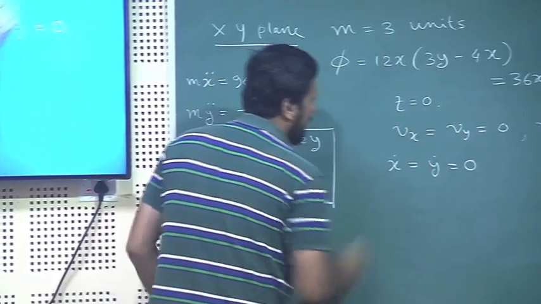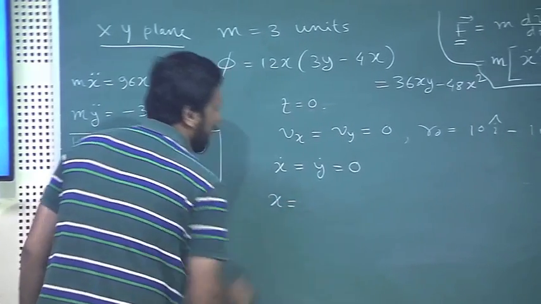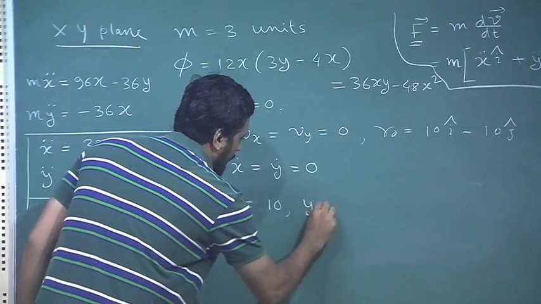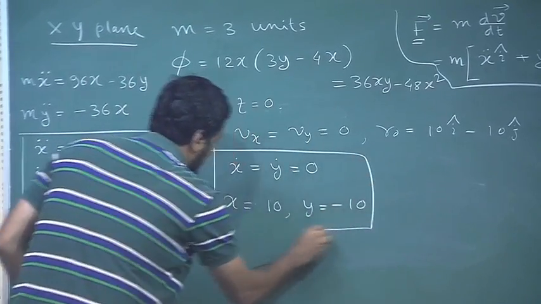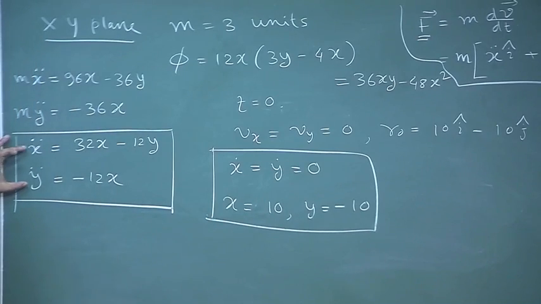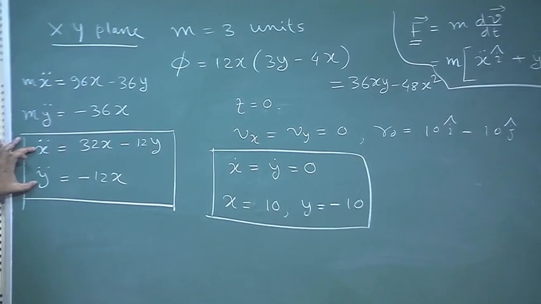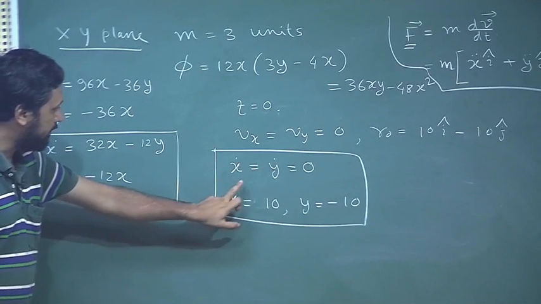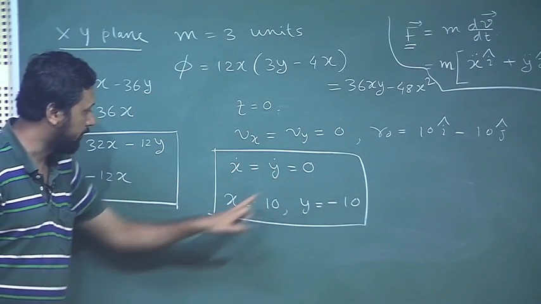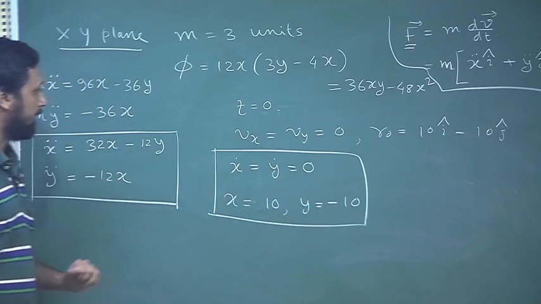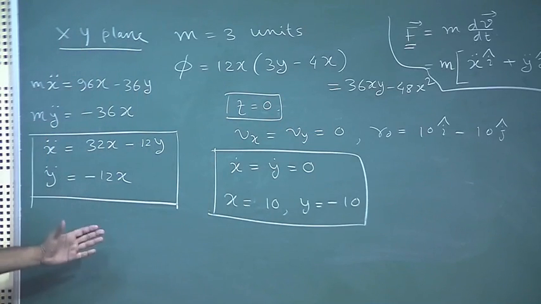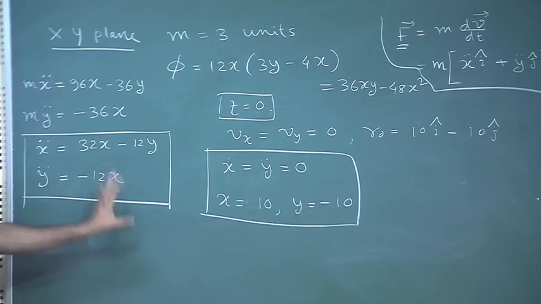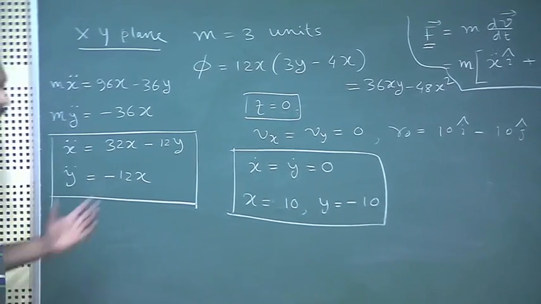So, at t equal to 0, x equal to 10, y equal to minus 10. So, we have 2 sets of coupled differential equations and altogether 4 boundary conditions: x dot equal to y dot equal to 0 and x equal to 10, y equal to minus 10 at time t equal to 0. Now this forms the complete set of equations, and we have all the necessary information in order to solve this equation.